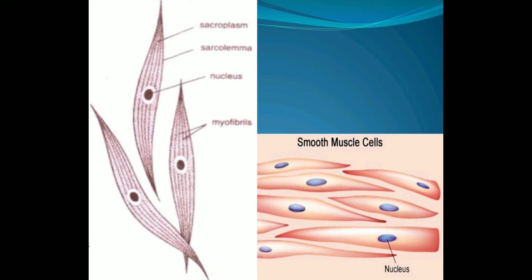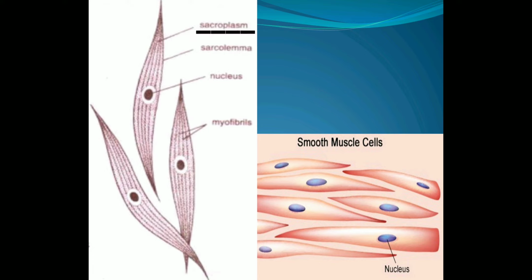Now here you will find in smooth muscles the fibers are unbranched, having a single nucleus at the center. In skeletal muscle, the nuclei were shifted towards the periphery. Here the nucleus is present at the center.